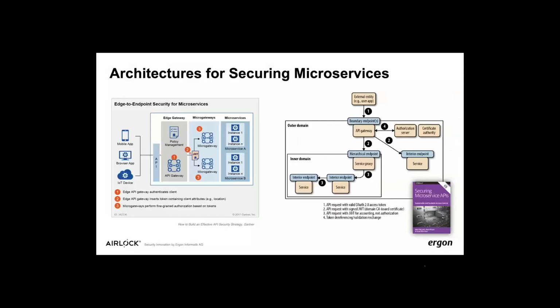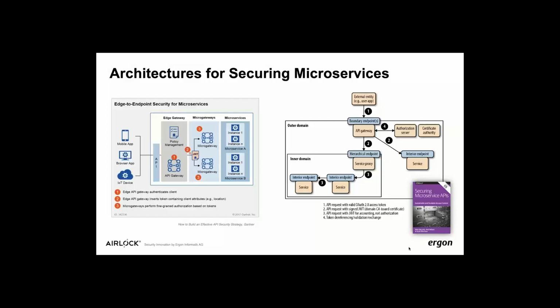And similarly, there's an O'Reilly book about securing microservice APIs, and the orientation of the picture is different, but the content is very similar. So you have here an API gateway at the boundary of the outer domain, which communicates with an authorization server and an internal certificate authority, and allows to actually create tokens.